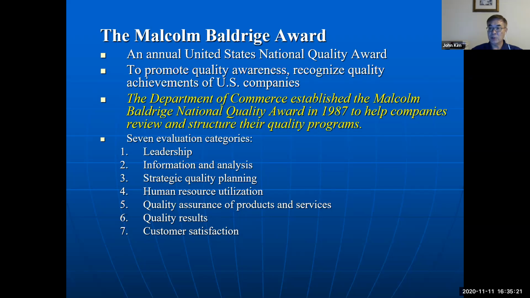So to encourage improving US companies' product quality, this award is given based on these 7 evaluation categories: leadership, information analysis, and so on. Based on these categories, the award is given to improve and encourage US companies' quality.